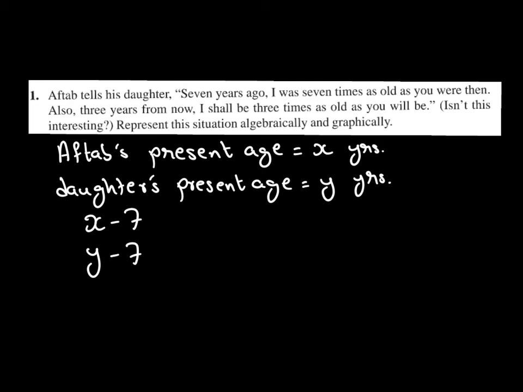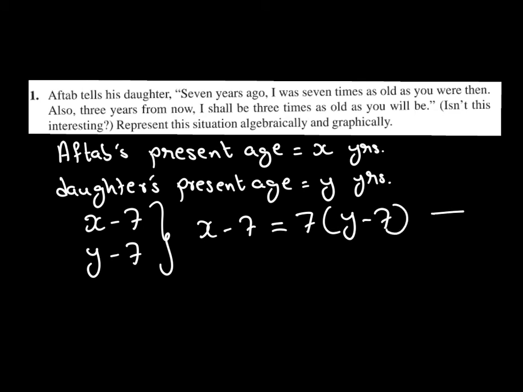The problem says 7 years ago I was 7 times as old as you were then. So we can represent this as Aftab's age 7 years ago is equal to 7 times the age of his daughter. So this will be the first part of our equation.